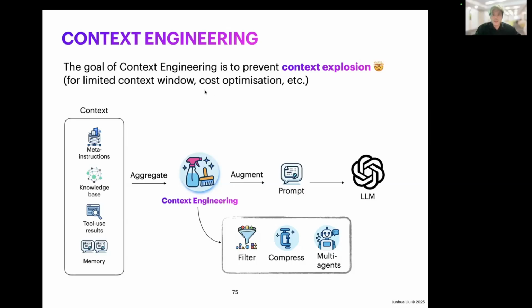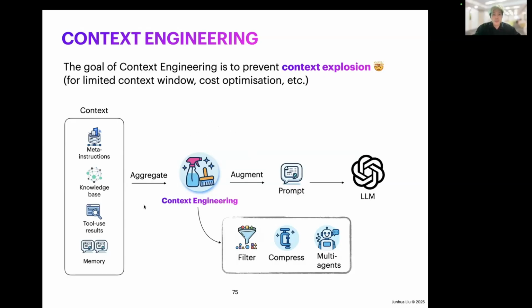Also, this is done for cost optimization, because the consumption of LLMs is based on input and output tokens. If we don't process the context, the input tokens will contain a lot of unnecessary content that charges you unnecessarily.